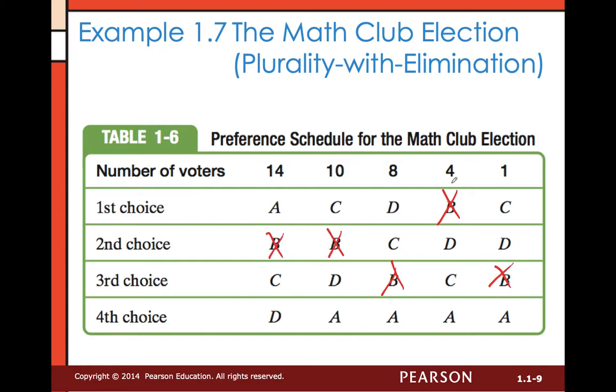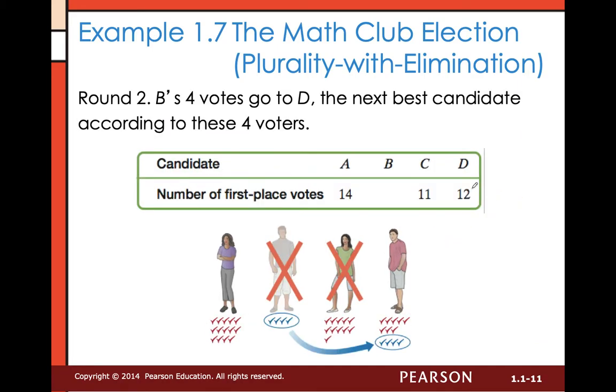Now all of those that voted for B first are now voting for D first. So that means that the 4 votes that B had are now going to move to D. At this point, A will still have 14, C will still have 11, but D will now have 8 plus 4 is 12 first place votes.